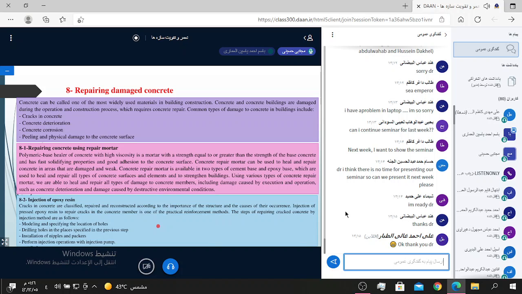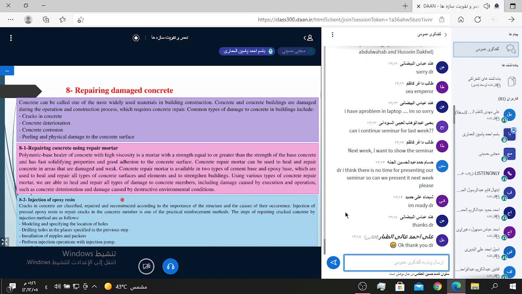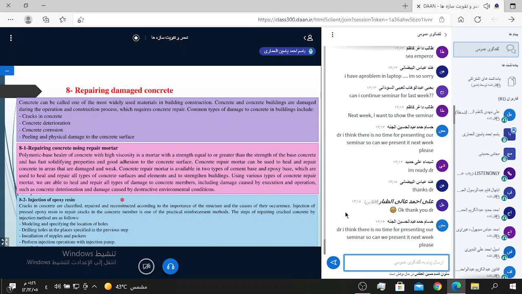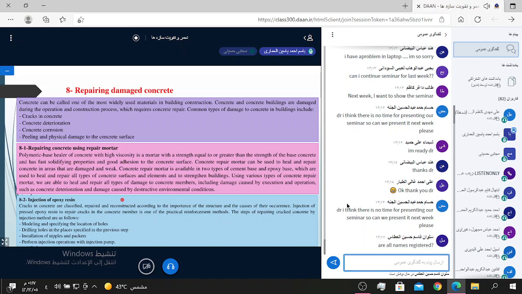Polymeric base repair of concrete with high viscosity is mortar with a strength equal to or greater than the strength of the base concrete, and has fast solidifying properties and good adhesion to the concrete surface. Concrete repair mortar can be used to repair concrete in areas that are damaged and weak.